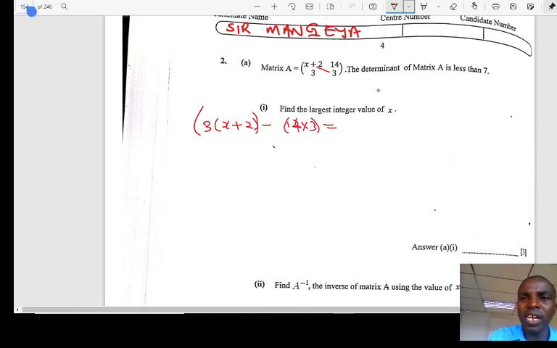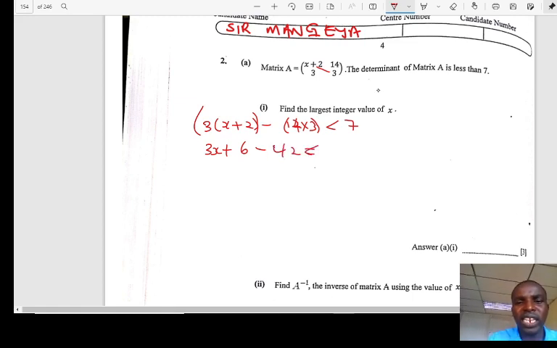Then we were told the determinant is this. So using this way, you are finding the determinant. It's less than 7, which means you put less than 7 like this. Then you work it out, it's a simple equation. Remove brackets here: 3x plus 6 minus 14 by 3. What is 14 by 3? It is 42.